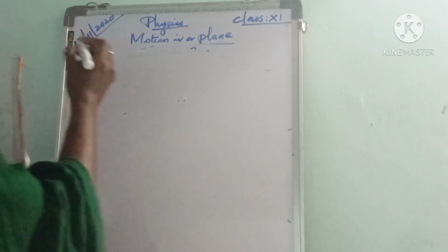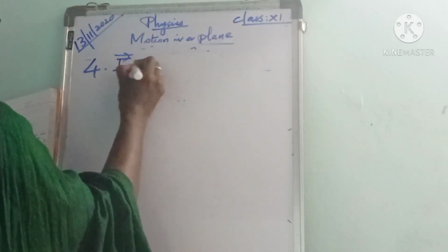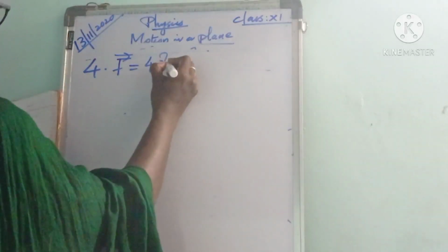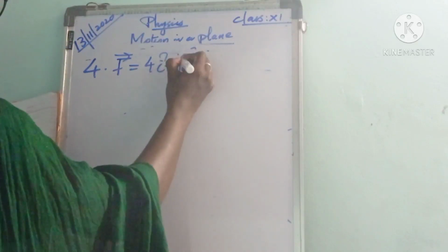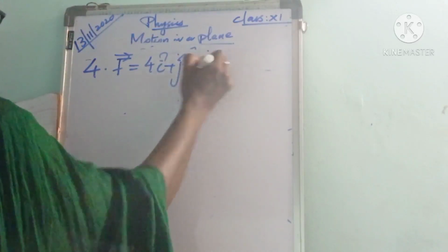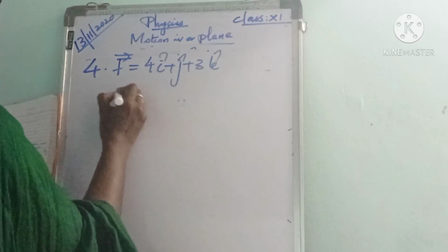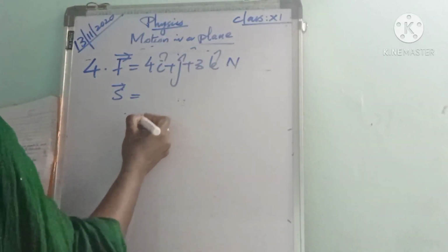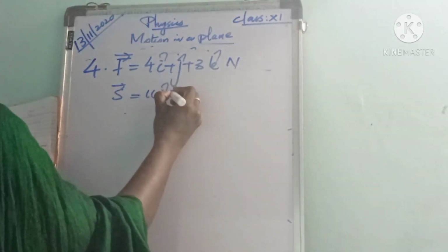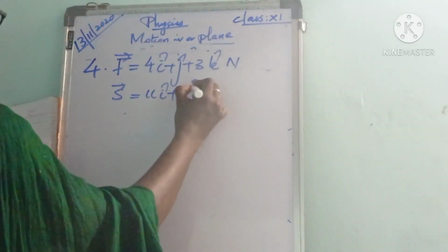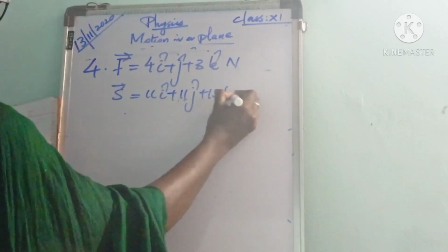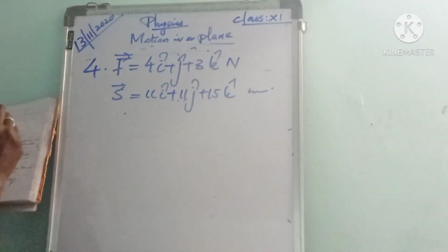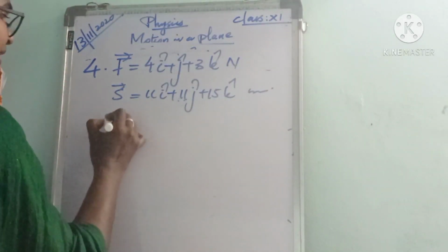The force F is given as 4i plus j plus 3k, in Newton, and the displacement is given as 11i plus 11j plus 15k, actually in meter. We have to find the work done.